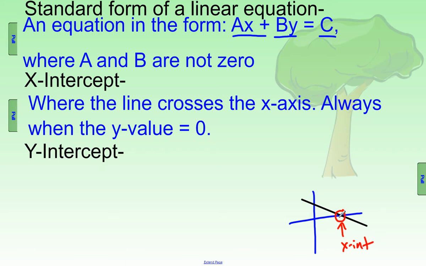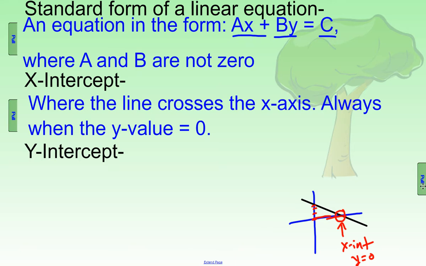And that always happens when the y value equals 0, because that's where the height of the line is 0. Well, when the y value is 0 is on the x-axis, that is when this x-intercept happens.